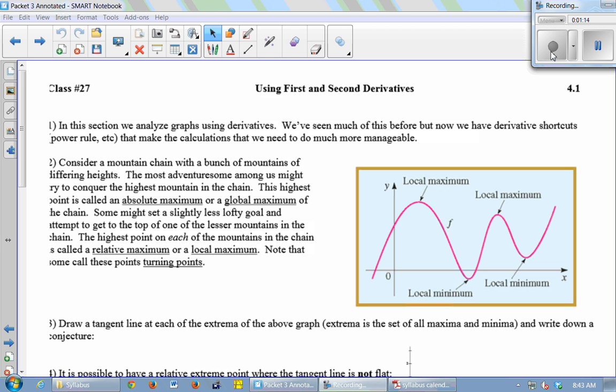So I want to take a look at the tangent line at each of the extrema in that graph. So draw a tangent line at each local max and local min. And what can you say about tangent lines at local maxes and local mins?